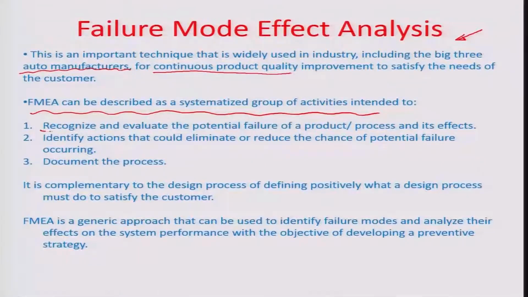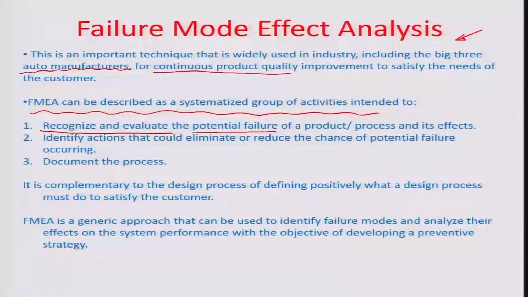One is to recognize and evaluate the potential failure modes of a product, meaning we need to identify the cause of a certain defect or failure which will create customer dissatisfaction. Then associate the important processes involved in such a product failure, and also the effects of these processes which will set in the failure.